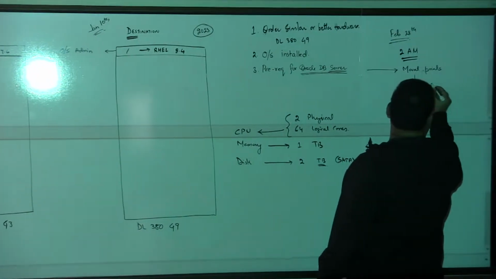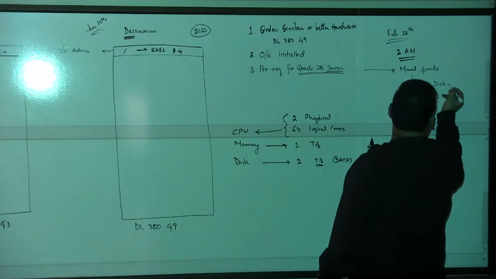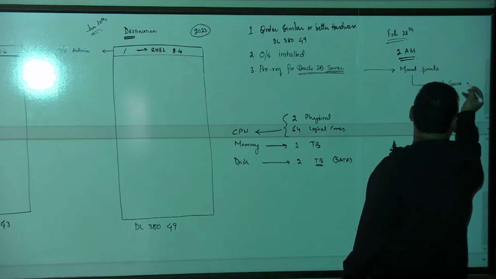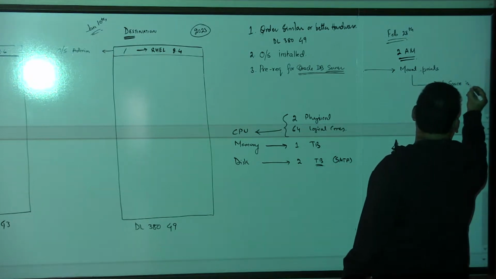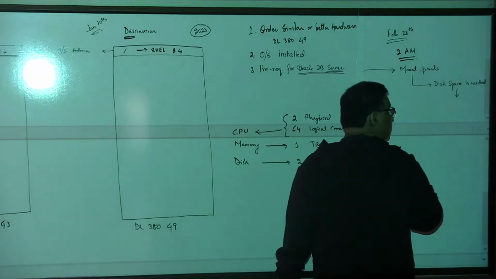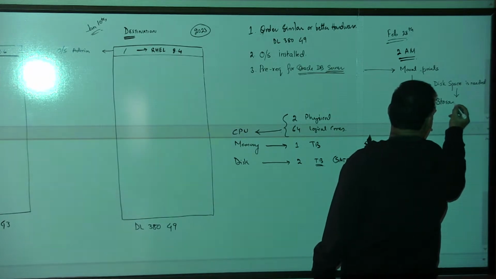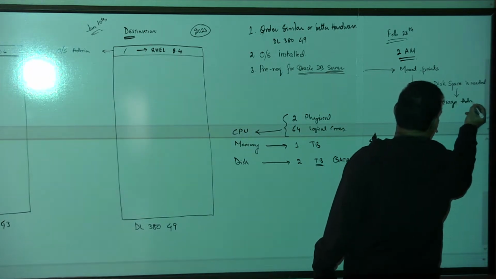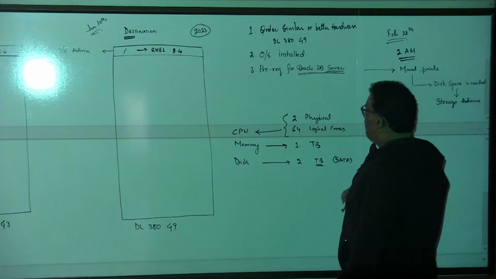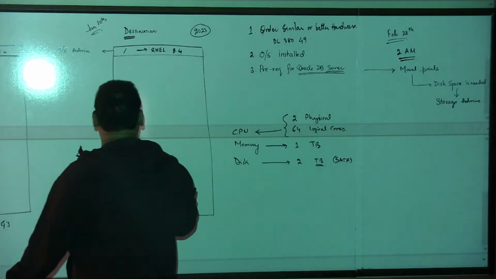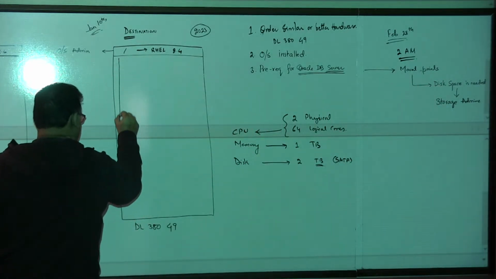Well, the first thing is the disk space has to be allocated. Disk space is needed. So who is responsible for allocating the disk space? Storage admins. The storage admins will say, okay, we are going to assign you a disk here.